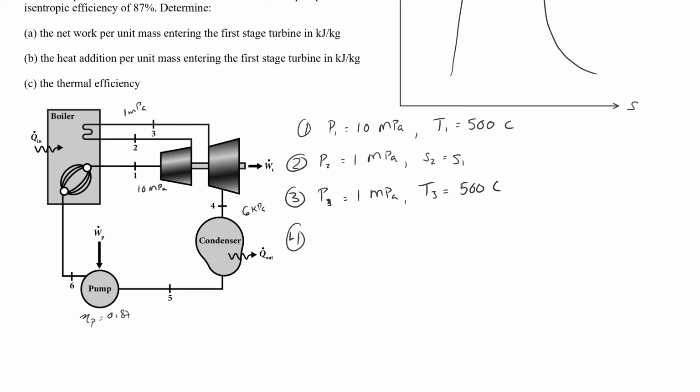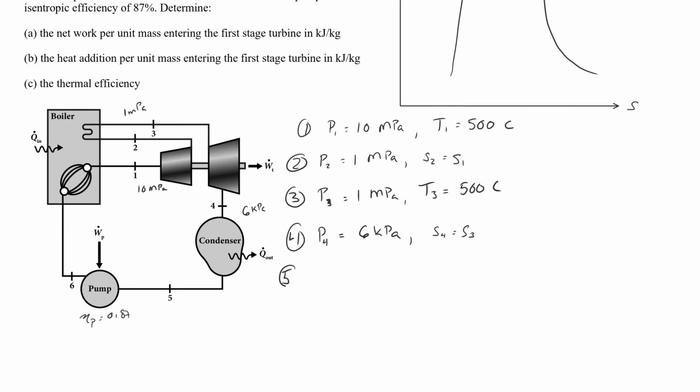At state 4, I know that the pressure is 6 kilopascal. And I really, at this point, don't know much more about it than that. Of course, my turbine is ideal, so S4 is equal to S3. But I don't know if that's going to be a saturated mixture or a saturated vapor or maybe even a superheated vapor.